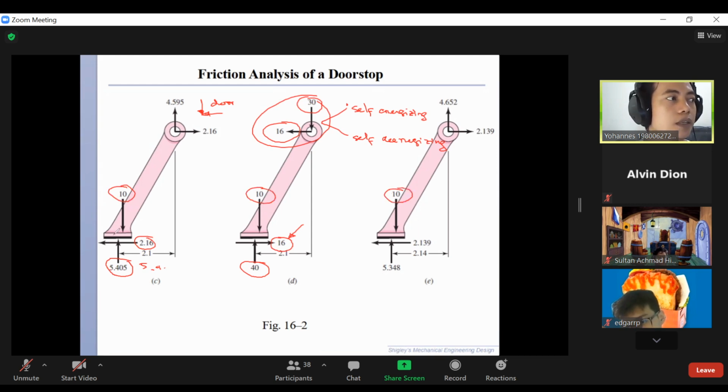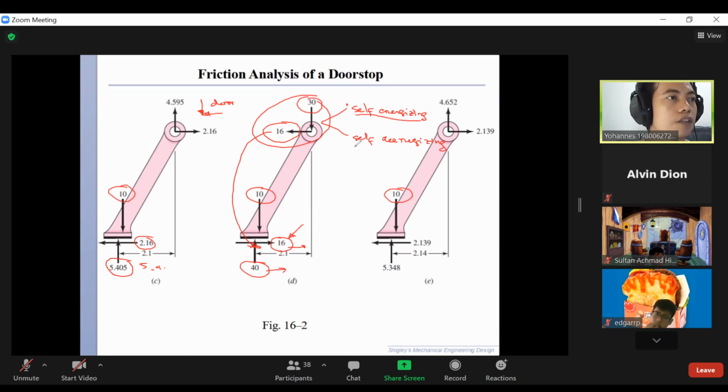We press the brake pad with the same force of 10 Newton. But because the condition of the external load changes, then we have a condition where we get maximum braking force here. So we call this self-energizing. It means that this external force increases the braking force and the normal force in the mechanism.